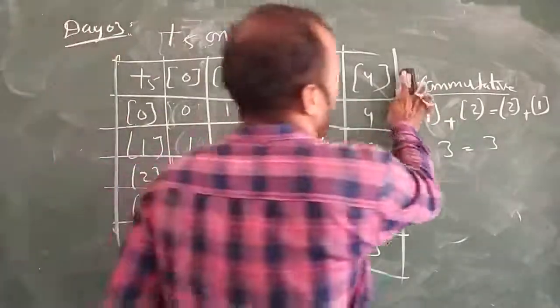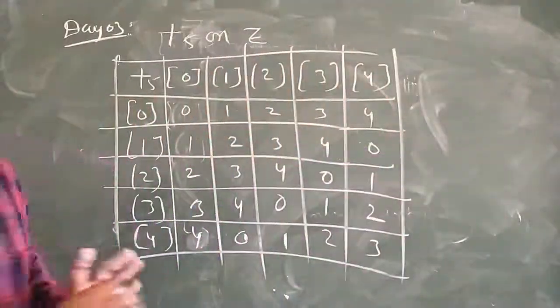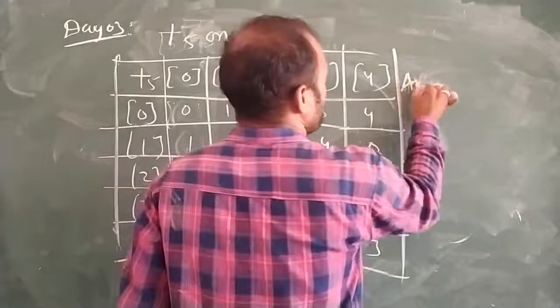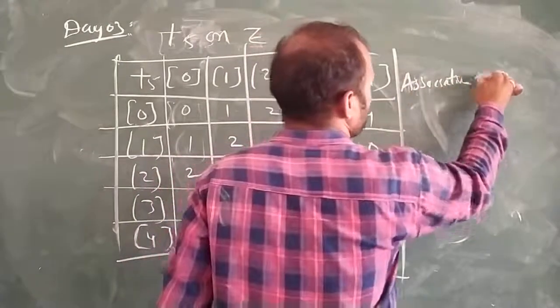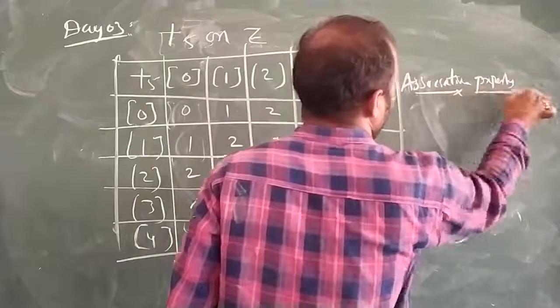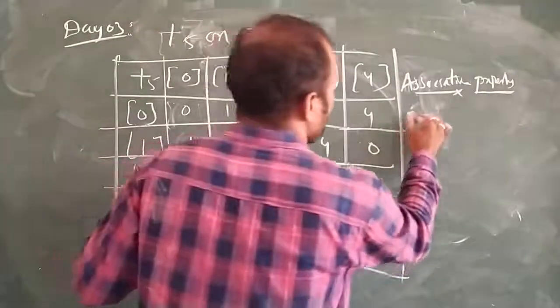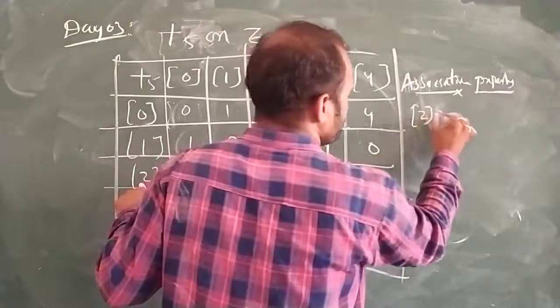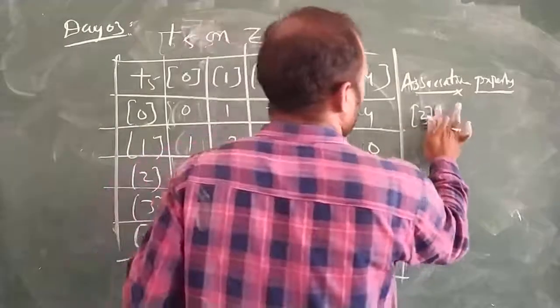Next, let us check the associative property. Third property I am checking is associative property. Associative property indicates 3 elements. We can take any 3 here. Let us use the asterisk symbol.